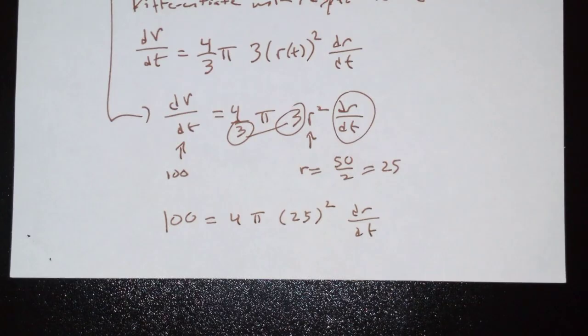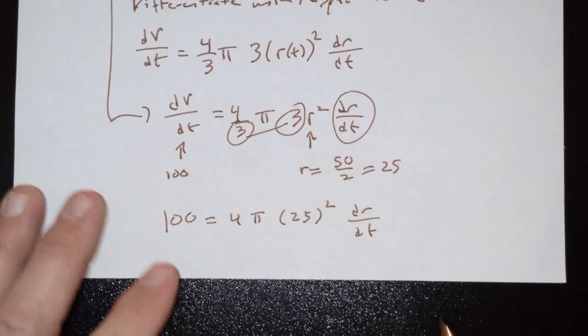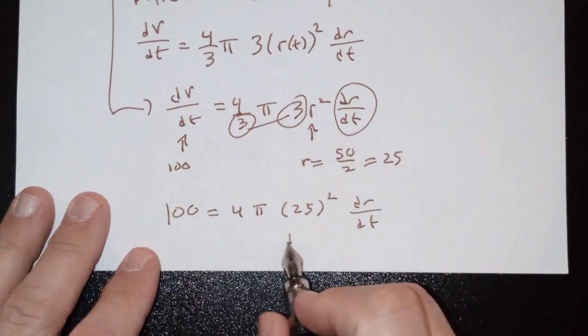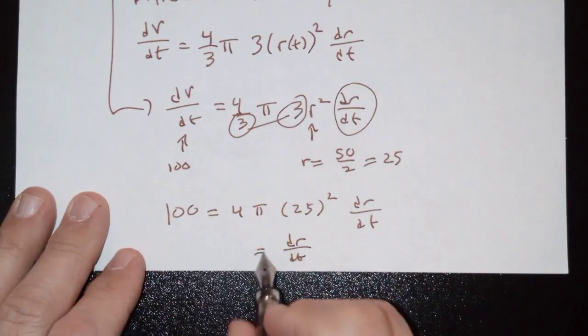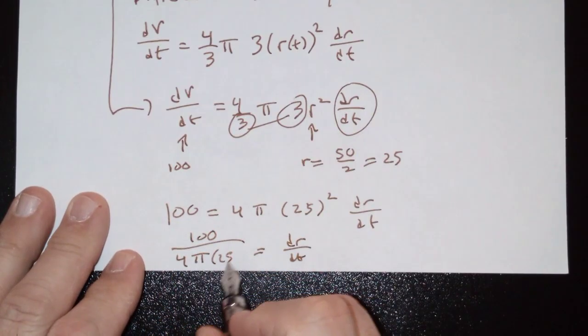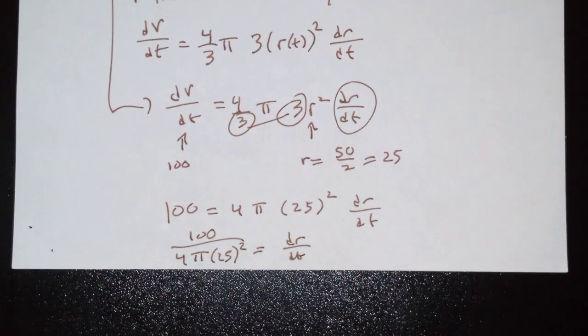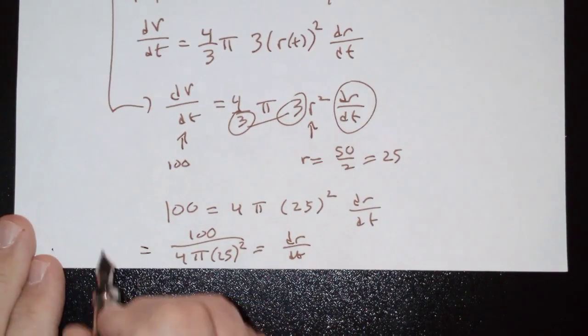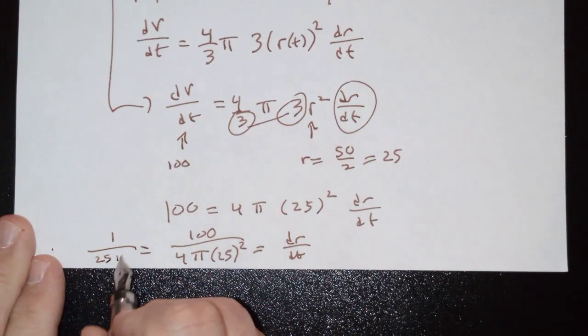You can tell me what dr/dt is now, can't you? Wait a minute, 4 times 25 is 100, isn't it? So the 4 and one of the 25s on the bottom will cancel with the 100 on top. This is the same as 1 over 25 pi.